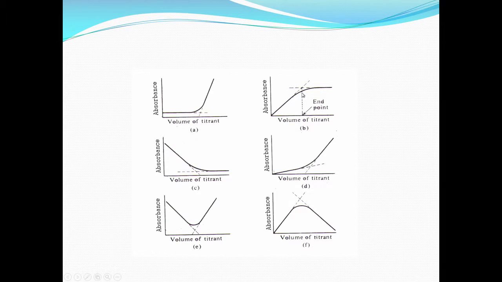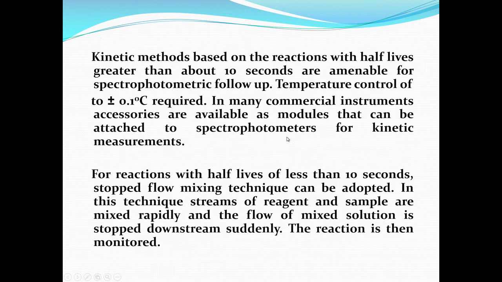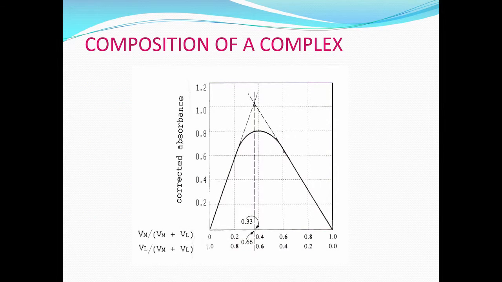If it is a 1:2 complex, the inflection point would shift to 0.66 or something like that. So, depending upon the mole ratio, you will get the composition of the complex. Now, the other method is the mole ratio method.